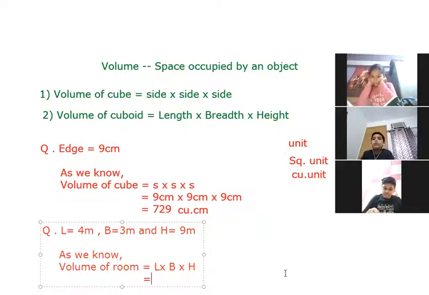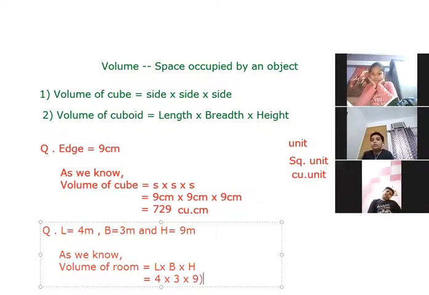And what is the length over here? 4 meters, multiplied by breadth. What is the breadth? 3. And what is the height? 9. And we are going to multiply all these different dimensions.